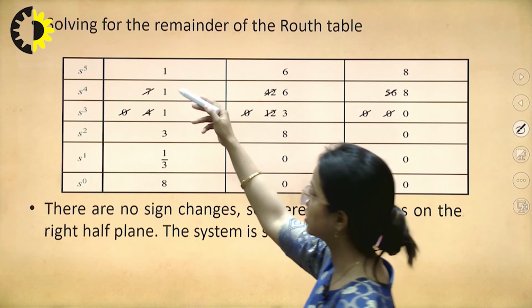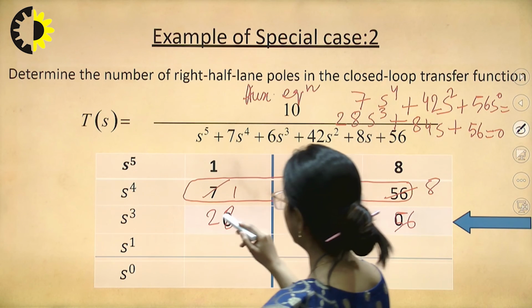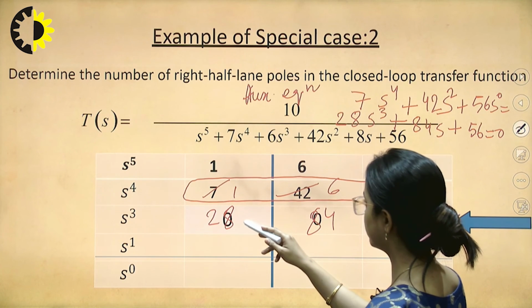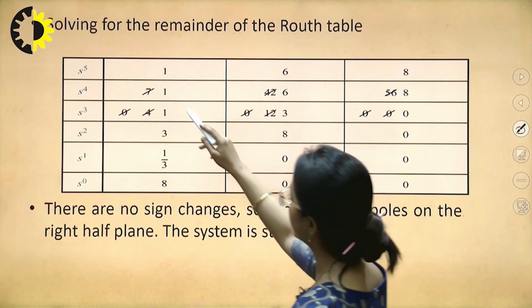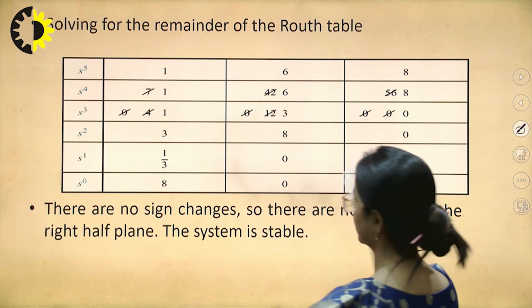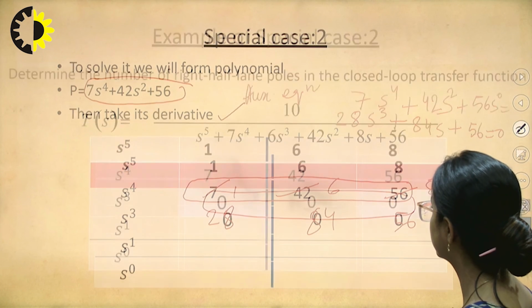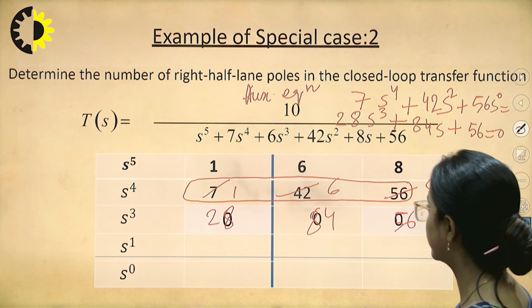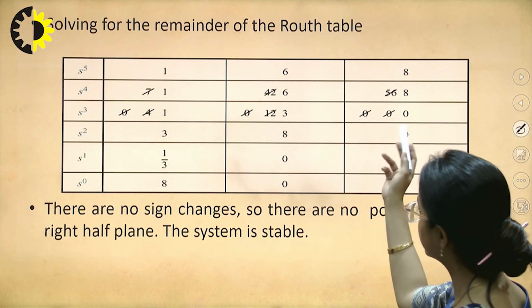So after they have reduced it, we will find this polynomial as 1, 6 and 8, and 4, 12 and 0.